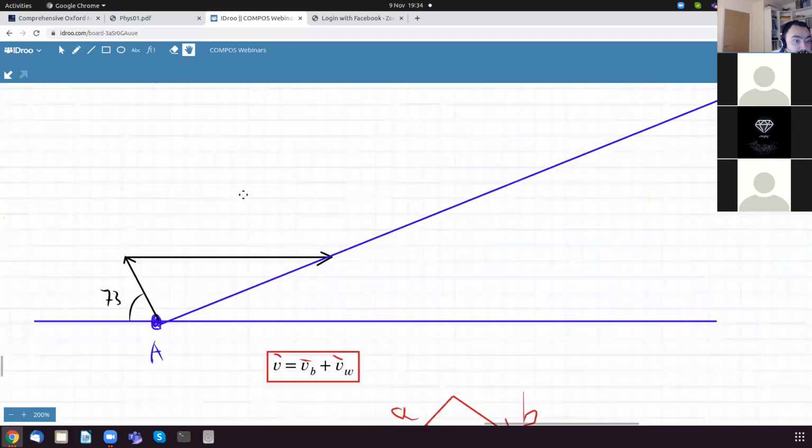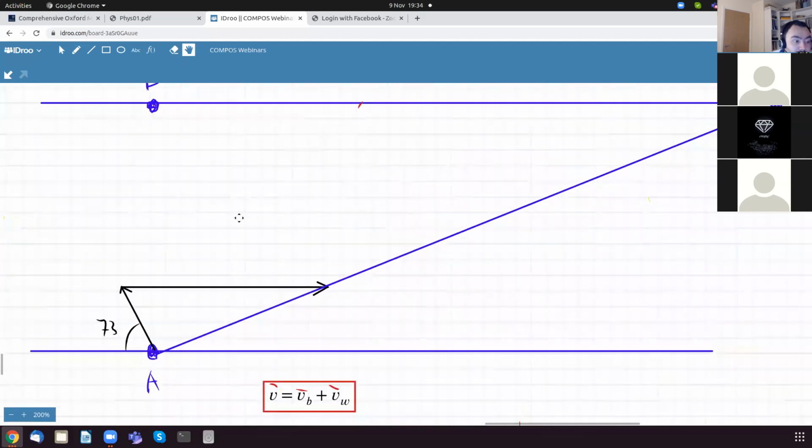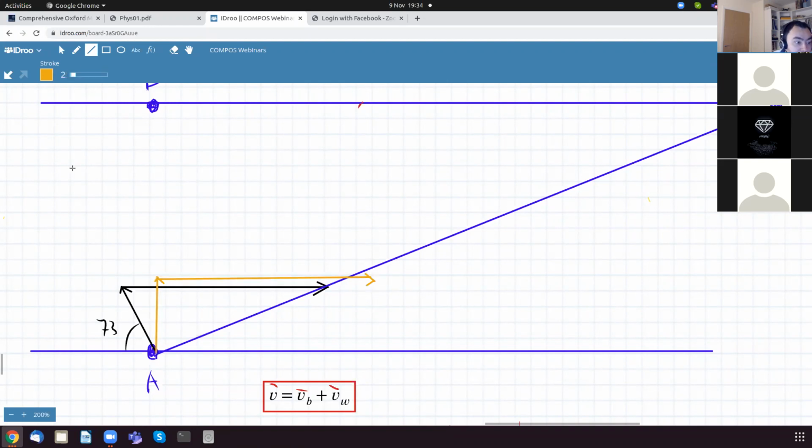Now, if you were to increase this angle, 73, let's say you make it like this, then the river drifts you like this, and you can see that you will end up further downstream.